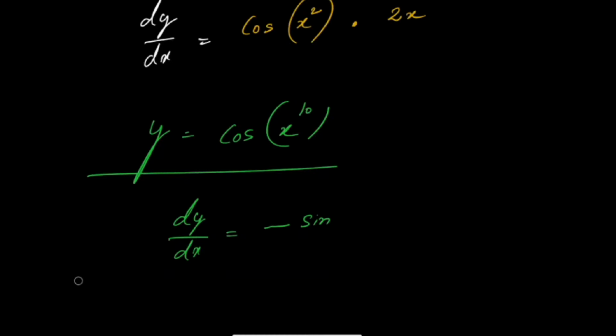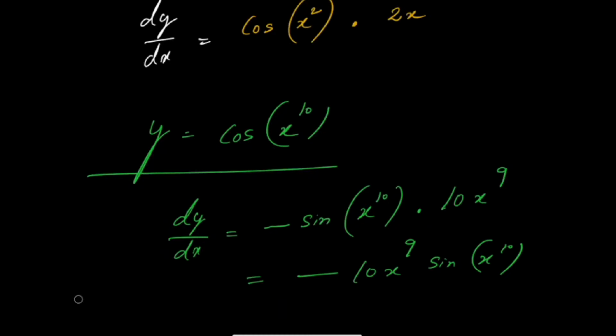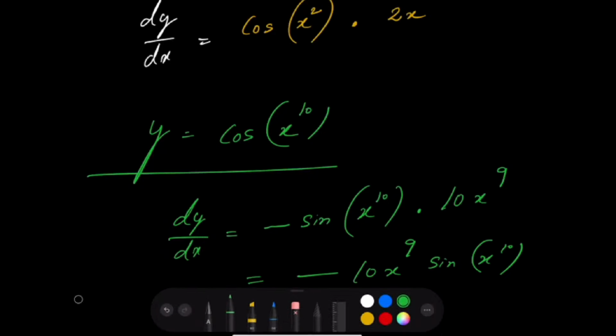So here I'll write minus sine of, in place of x, x power 10 we have, so whatever it is I'm writing. But now there was something else in place of x, so I have to take the derivative of that and multiply. There was x power 10 in place of x, right? So I'll write 10 into x power 9, because the derivative of x power 10 is 10x power 9. So your answer is minus 10 x power 9 into sine of x power 10. So this is the chain rule, correct? I'll do one more problem.